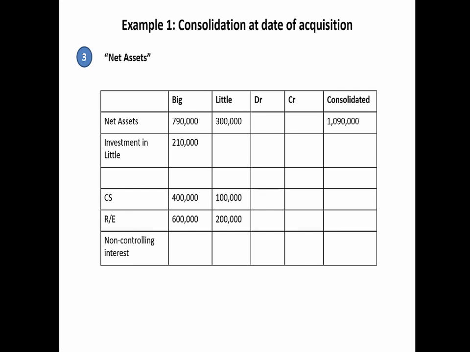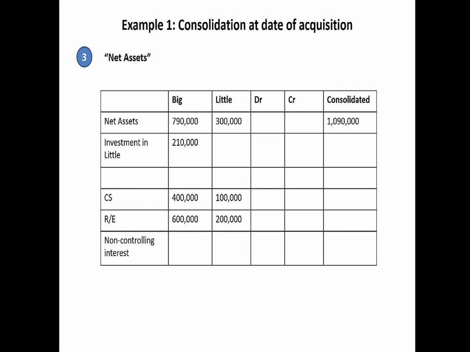Now, the combined economic resources of Big and Little is $1,090,000. Again, Big has $790,000 of economic resources. Little has $300,000 of economic resources. Big's investment in Little represents their proportionate ownership of Little's net assets. So if we were to add that $210,000 investment in Little into the mix, we would again be double counting, or almost double counting, Little's net assets.